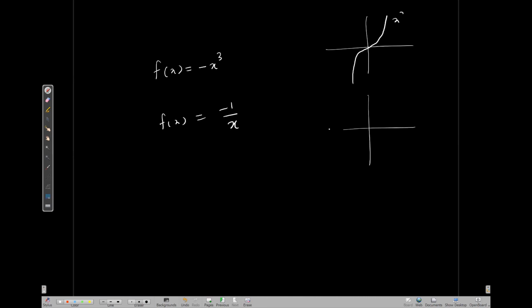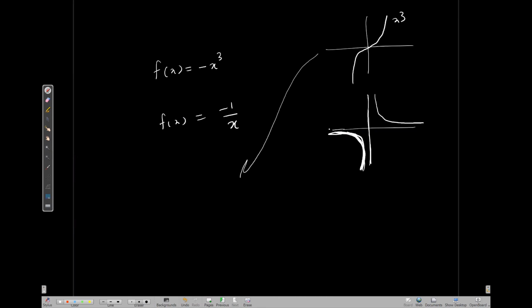This is x cubed, and the base function for 1/x looks like this. With all the base functions, think about how reflections are possible about the x-axis and about the y-axis. When you say the word reflection, the axis is behaving like a mirror. Some drawing skills are also needed here.